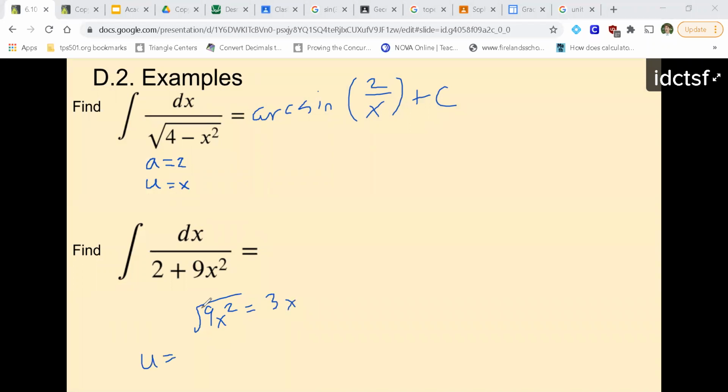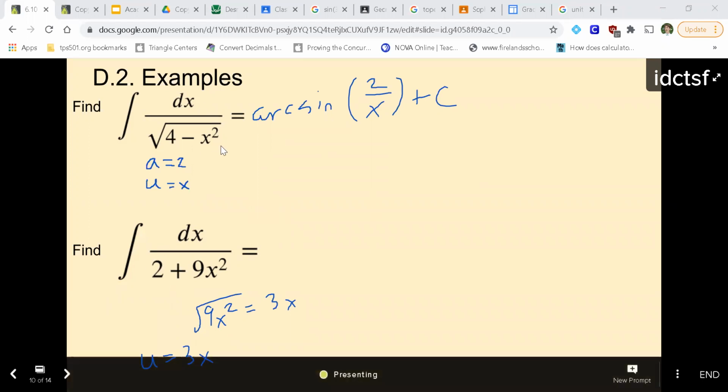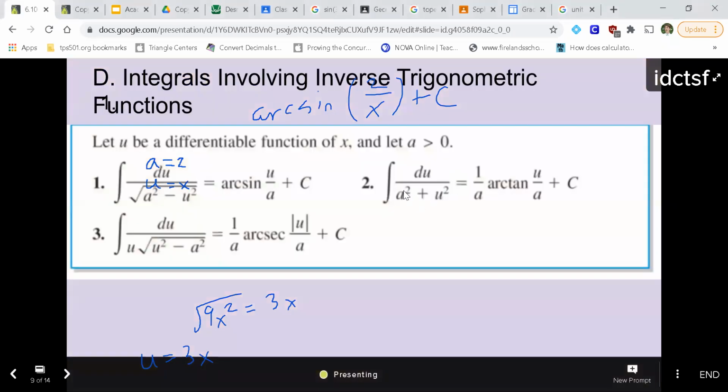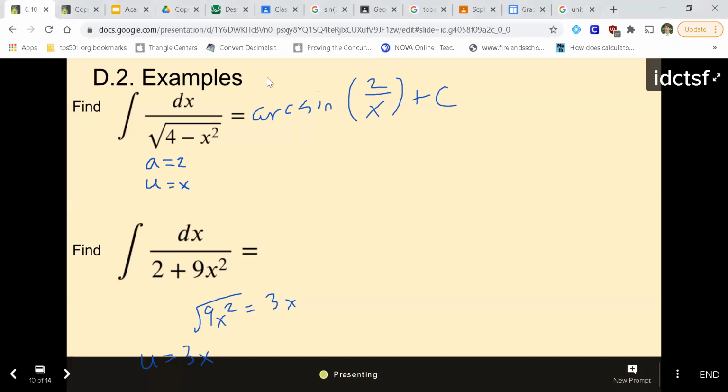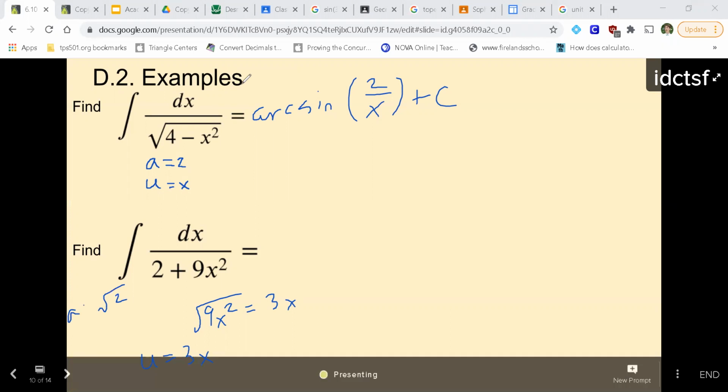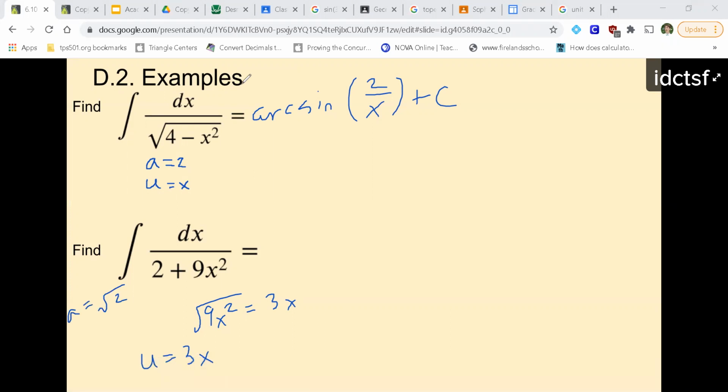So u will be 3x. And I do that same trick to find a. If a squared is this number, then if I square root it, that'll be a. Right? A squared equals 2, then a equals the square root of 2. If u squared equals 9x squared, then the square root of 9x squared would just be u.